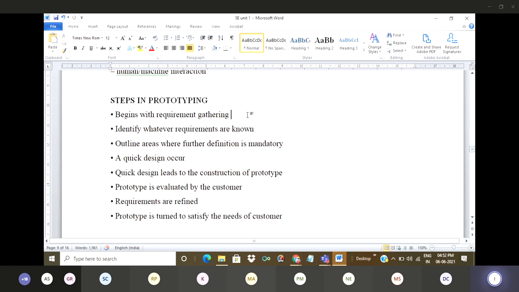Fourth, a quick design occurs. Fifth, the quick design leads to construction of the prototype. The prototype is evaluated by the customer. Requirements are refined, and the prototype is tuned to satisfy the needs of the customer. These are the steps that we have to follow in prototyping.